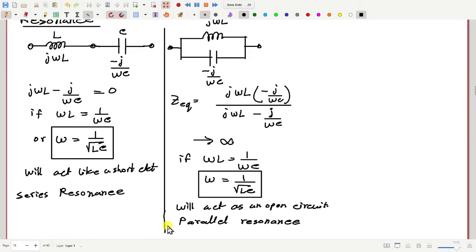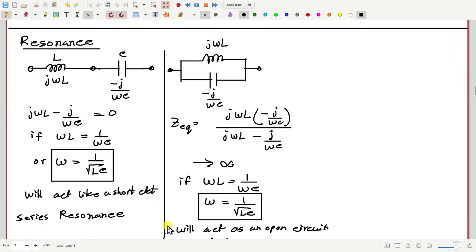One more thing you notice here: suppose I call this current IL and this current IC, and suppose the voltage is V from left to right, and the current outside is I, so this is also I here. Then how much is I?